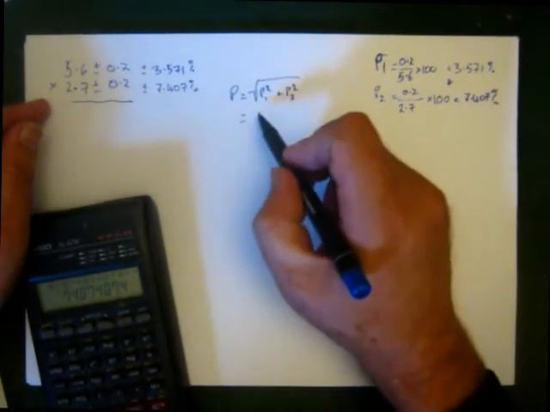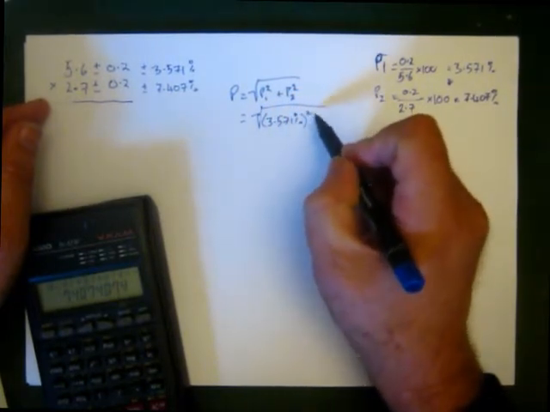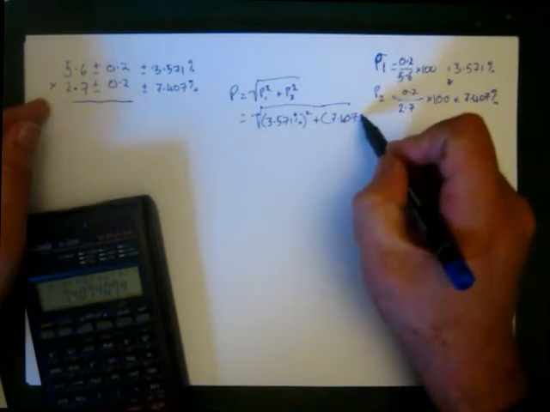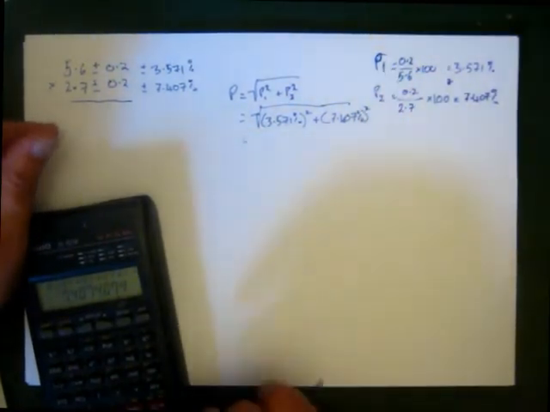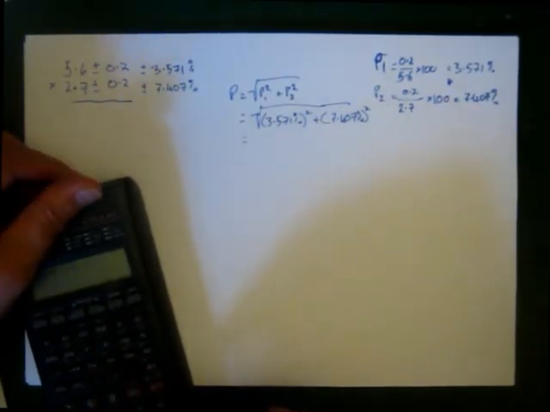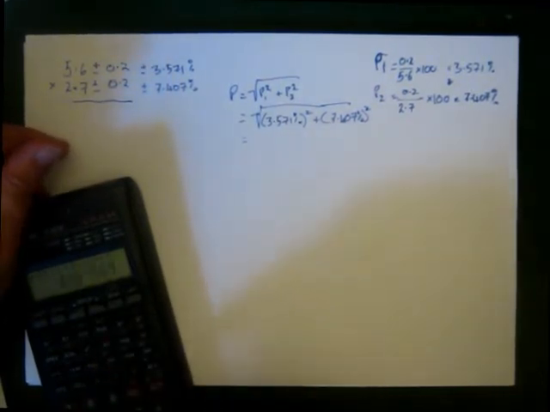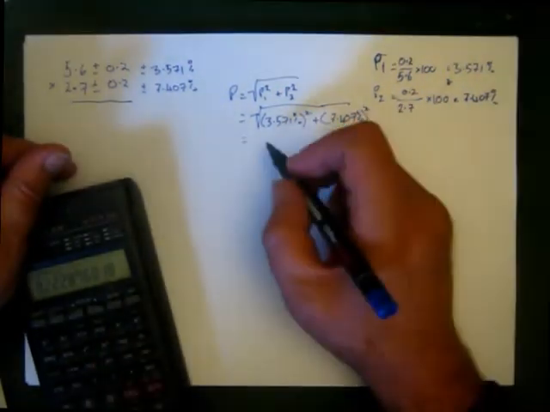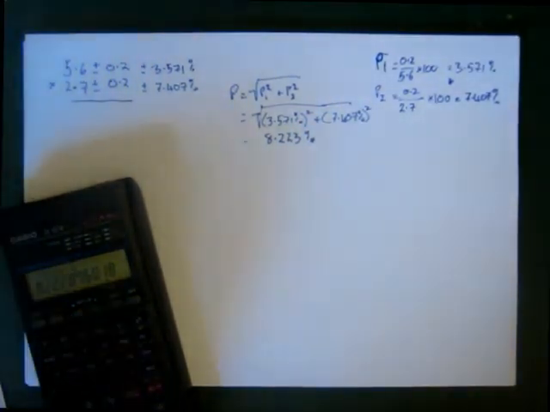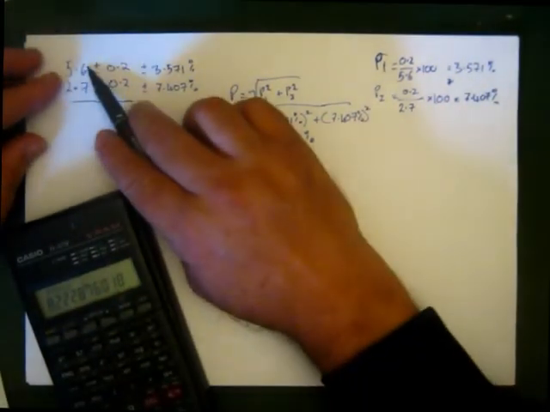So that's going to equal the square root of 3.571% squared plus 7.407% squared, and we take the square root, so we got 3.571 squared plus 7.407 squared equals, take the square root of that, equals 8.223%.